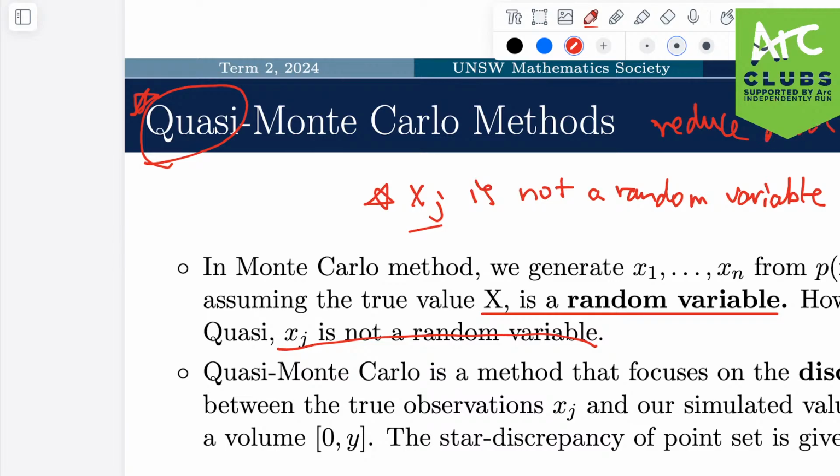And obviously also achieve, I guess, a balance between error in computing and the efficiency of computing, right? So quasi-Monte Carlo wants to increase the efficiency of computing as well. So we focus on reduced discrepancy.